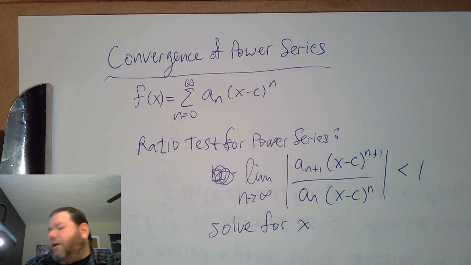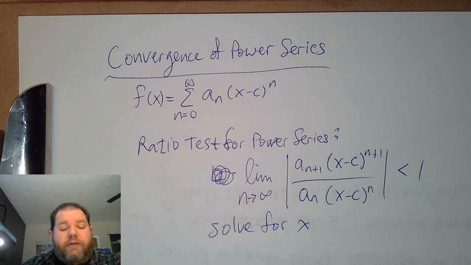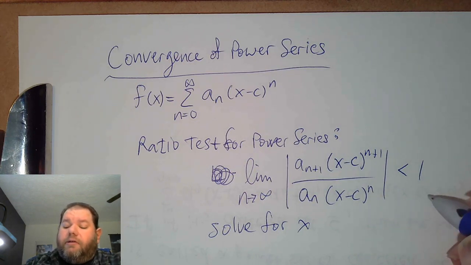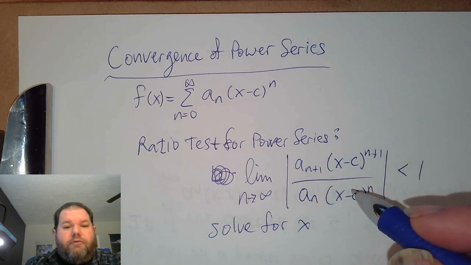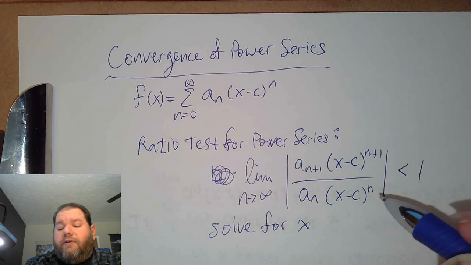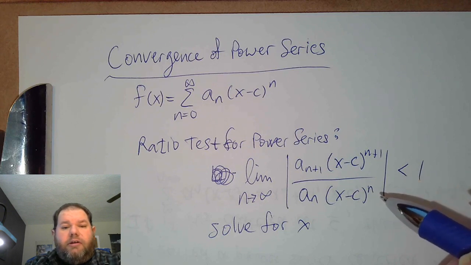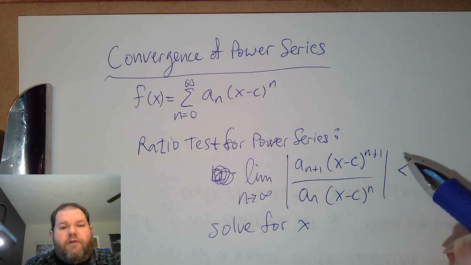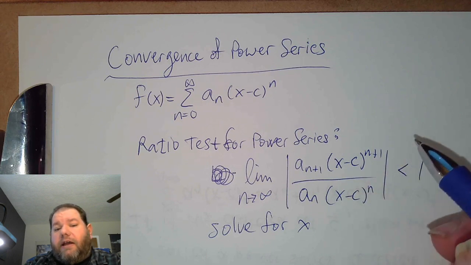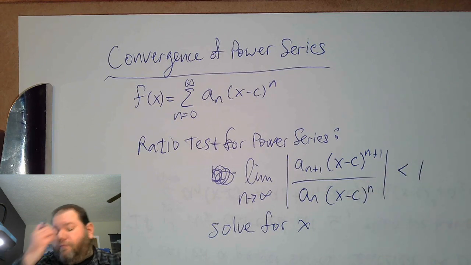Now this is an inequality, so it potentially holds for a range of values. It may be that the limit of this goes to 0, and if we get a 0 value, then it's always less than 1, and so the radius of convergence is negative infinity to infinity.